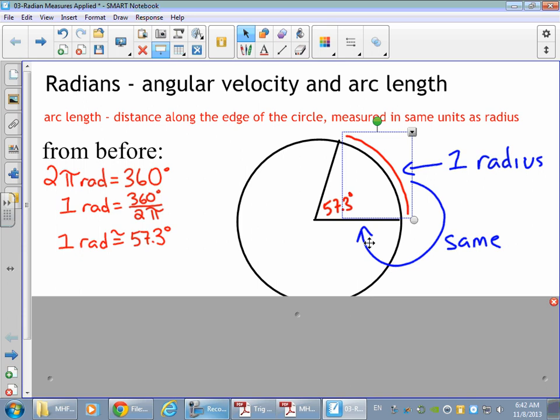Just to clarify, that's how we're measuring things now. Instead of using the degrees in our calculations, we're using this actual physical distance as we go around the circle, and we're measuring how far along that edge we go to determine the size of an angle.